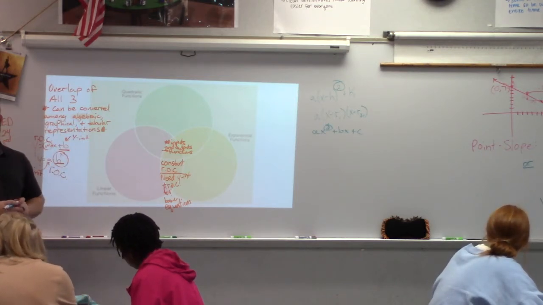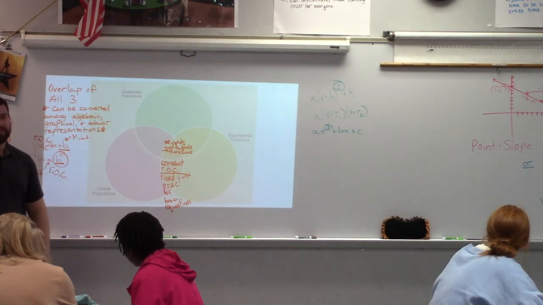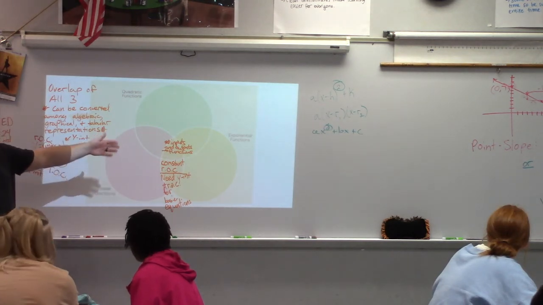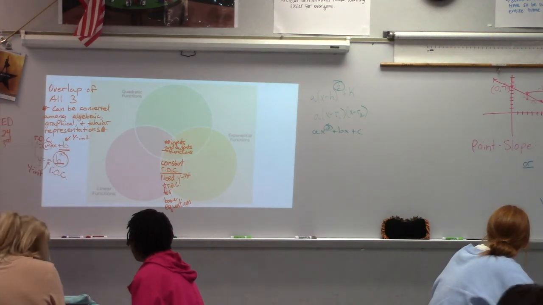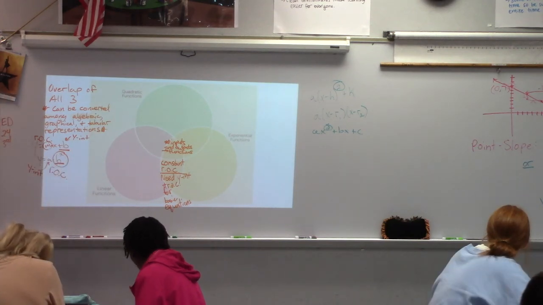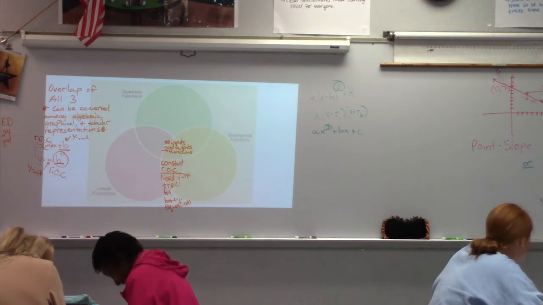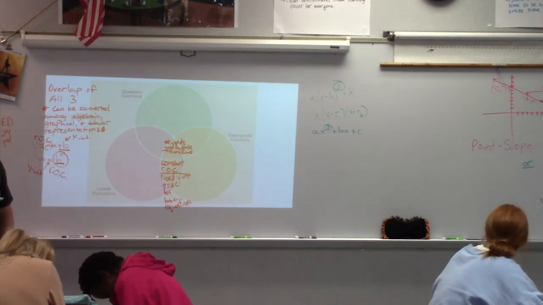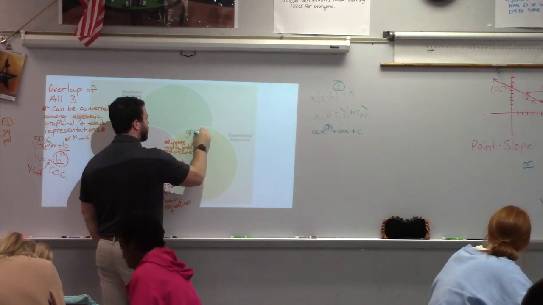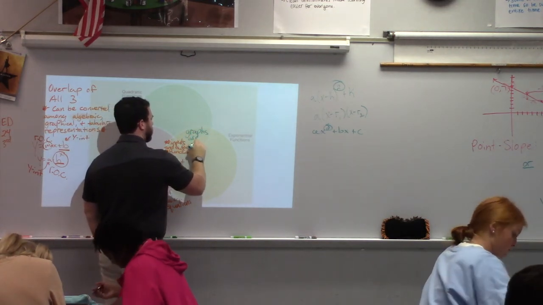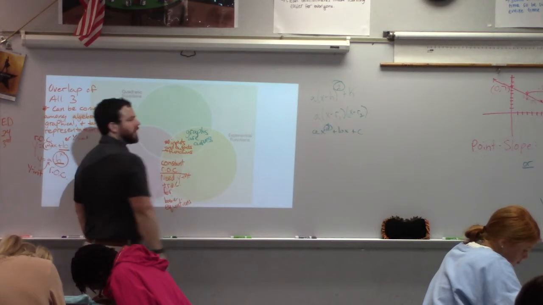I'll say this. How about we think about a graph? What do exponentials and quadratics have in common that's very different from a linear? They don't have lines, they have curves. That's an easy thing, right?